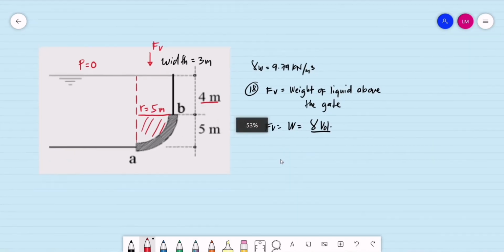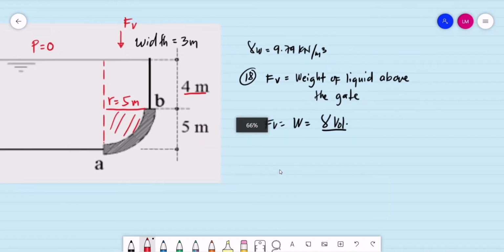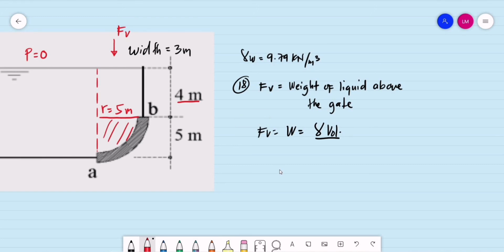So, kunin natin the vertical component of the hydrostatic force. F sub B is equal to the weight. Gamitin natin yung gamma na given dito, equal to 9.79 kilonewtons per cubic meter. Ano yung volume above the gate?